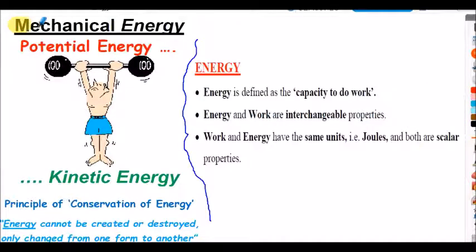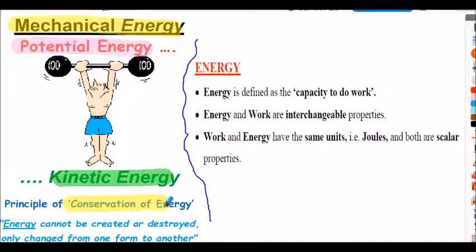So let's consider mechanical energy and just the forms of potential energy to kinetic energy. We will also use later in the presentation the principle of conservation of energy, and that states that energy cannot be created or destroyed, but only changed from one form to another.